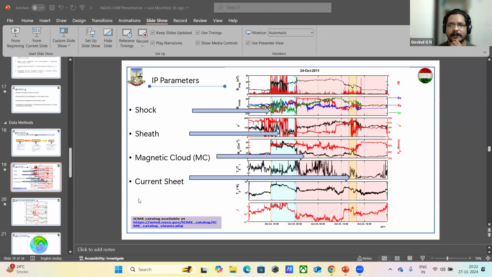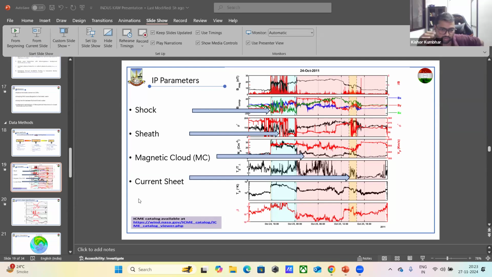In the catalog, they are providing the initial speed, space speed, apparent speed, space speed in the ICME catalog. But I don't know how to calculate the speed during its propagation.